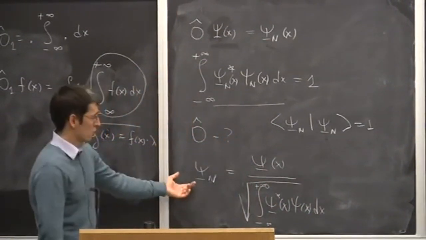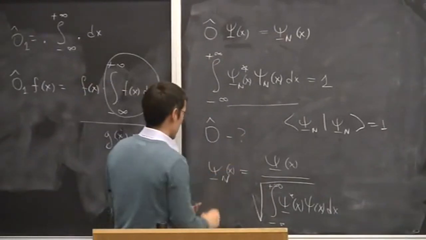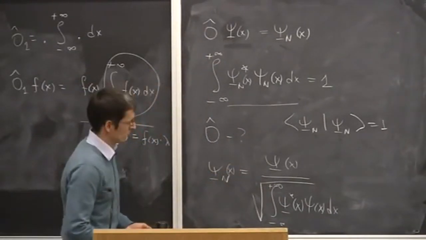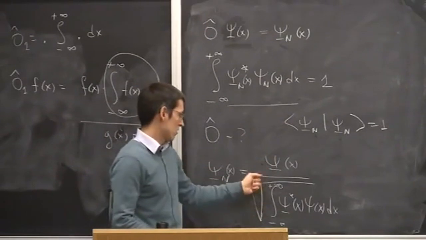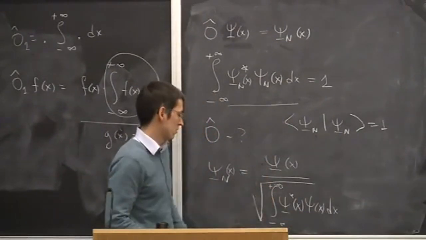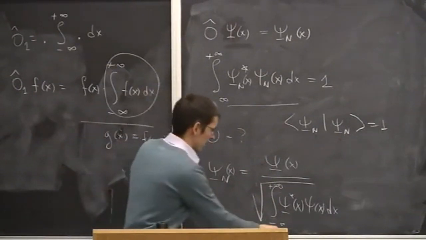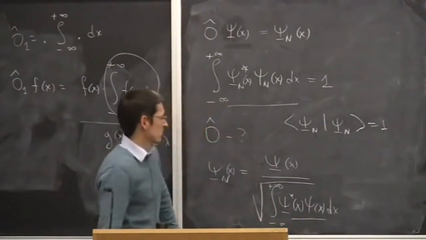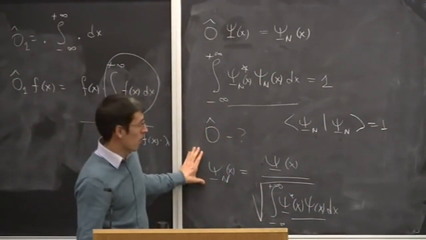So that's the prescription to get a function that is normalized. You take a function and divide it by the square root of the integral of its product, absolute square, to be exact, right? So this is what we talked about.